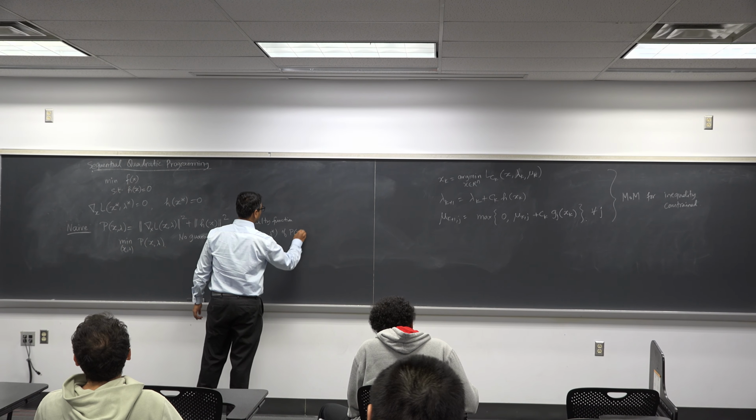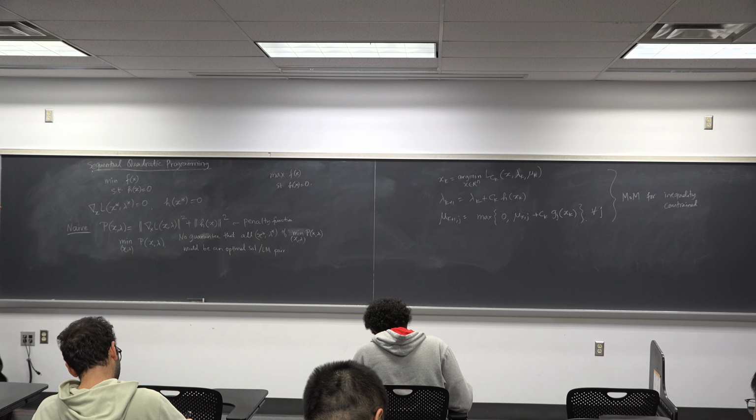In other words, if I were solving maximum f of x such that h of x equals 0, even that particular problem will have some x star and lambda star that would satisfy a similar result, and therefore that would also satisfy this particular condition, which means that it will also be a minimum of this particular penalty function.